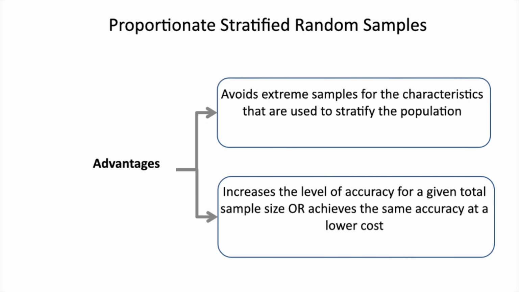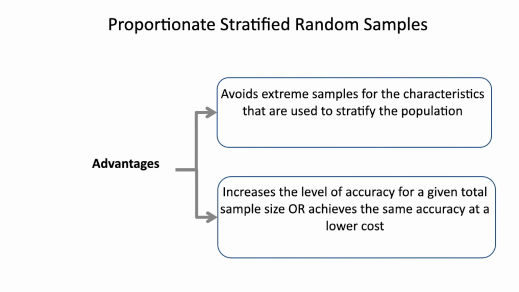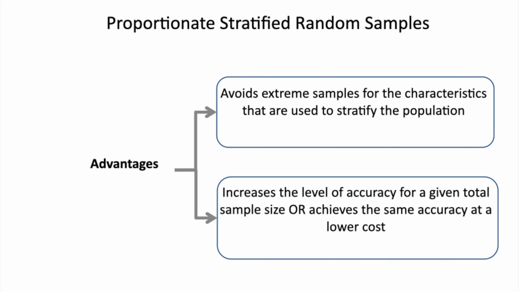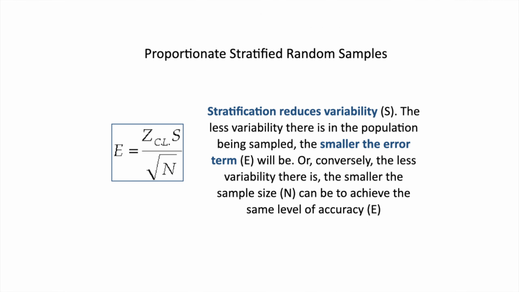The second advantage is related to this. We can keep the same sample size and increase our accuracy because we've reduced the risk of an extreme sample, or we can keep the level of accuracy constant but take a smaller sample. Sometimes it's cost and resources that really drive us to take a smaller sample.